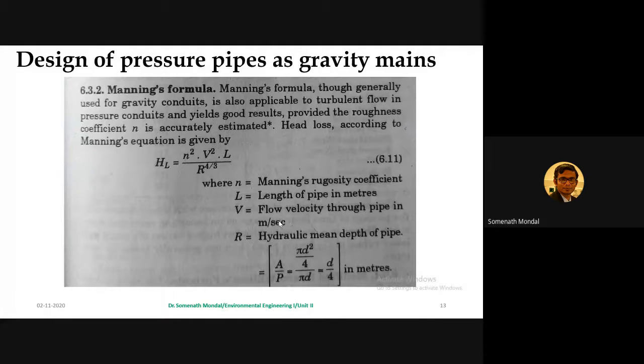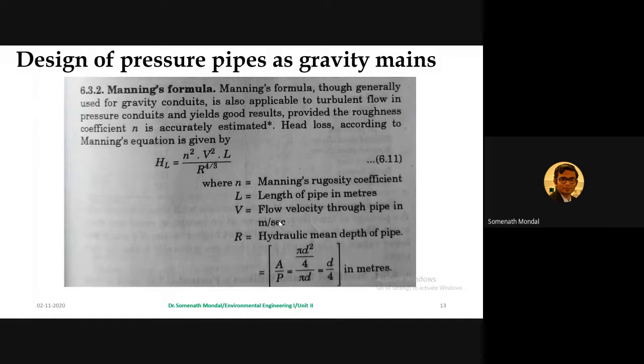The overall accuracy of the Manning formula depends on how accurately we are estimating or predicting the value of n. The formula is given over here: HL equals n square V square L by R to the power 4 by 3. Here n is Manning's rugosity coefficient, which you might have heard before. The rest of the parameters are known to you. Hydraulic mean depth is the capital R, which is also known to you. I guess all of you should be able to remember what you have studied in fluid mechanics.